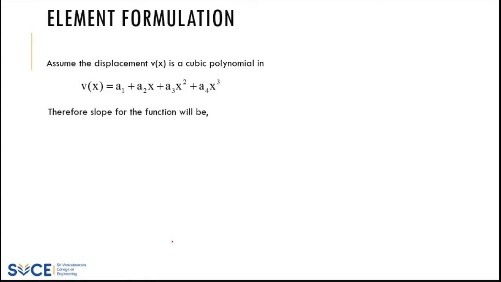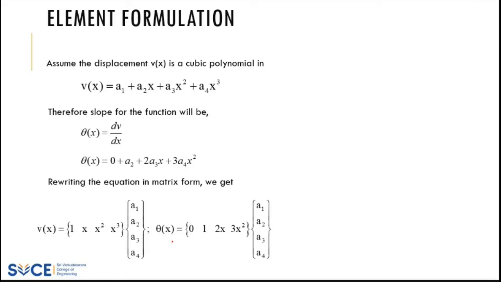Now we will write the slope function. My slope is just dv by dx. Differentiating this, you get theta of x. I will write this as an element equation. v of x is [1, x, x square, x cube] times [a1, a2, a3, a4].